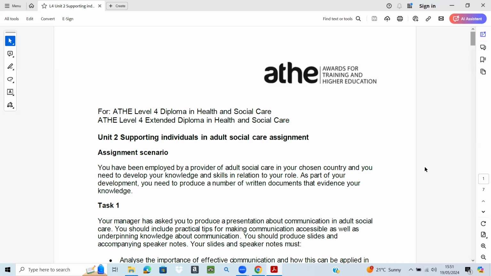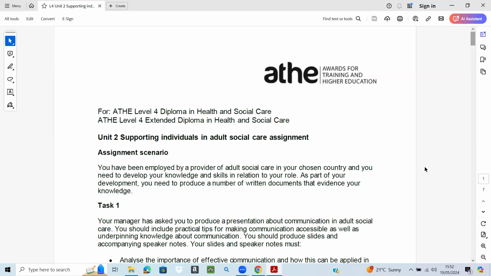In learning outcome 3, we discuss safe and effective practices in supporting individual well-being and maintaining a high standard of care. So we discuss risk assessment, which is important in this unit in learning outcome 3.